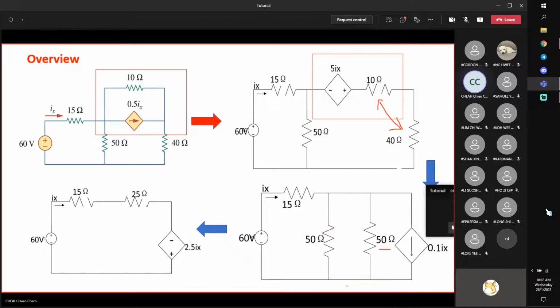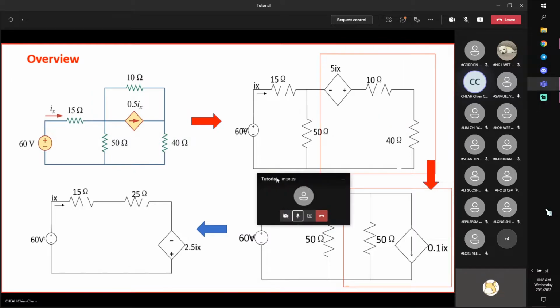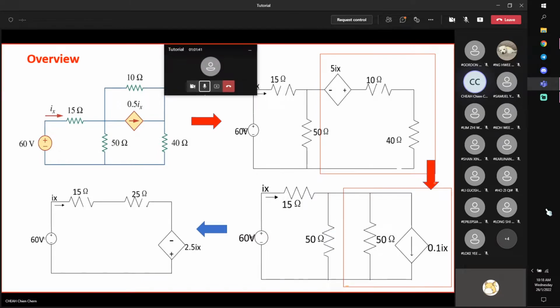You use another source transformation to transform it from a voltage source in series with a resistor to a current source in parallel with a resistor. Then after that, I can simplify these two resistors into 25 ohms. Then I transform it from a current source to a voltage source again.